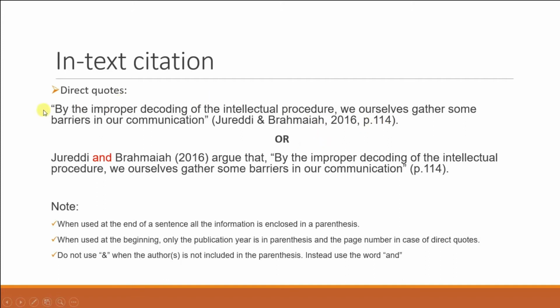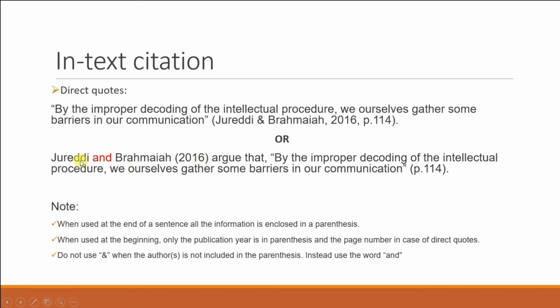Or this sentence can also be written this way: Juredi and, as you can see, this "and" is in a different color because I wanted to tell you something. When you cite in-text at the beginning of the sentence, remember you do not include the authors in the parentheses.